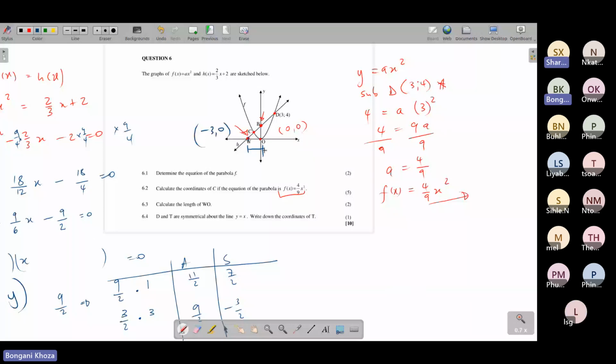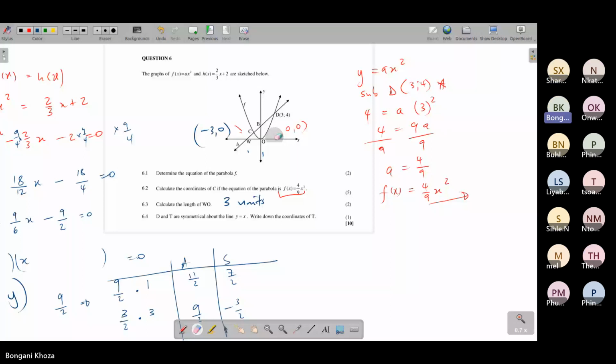Next, you're told that D and T, where are those? D and T, there's D, I can't see T. Okay, that's fine, it's not given. They are symmetrical about the line y equals x.